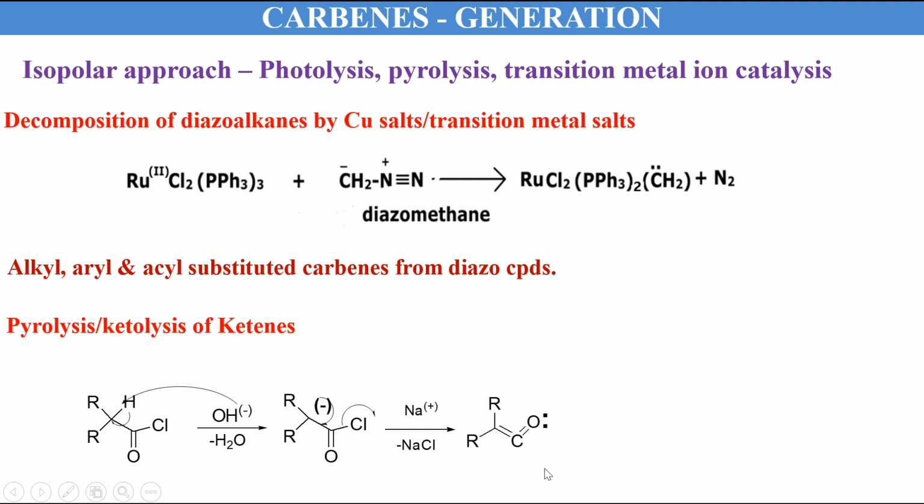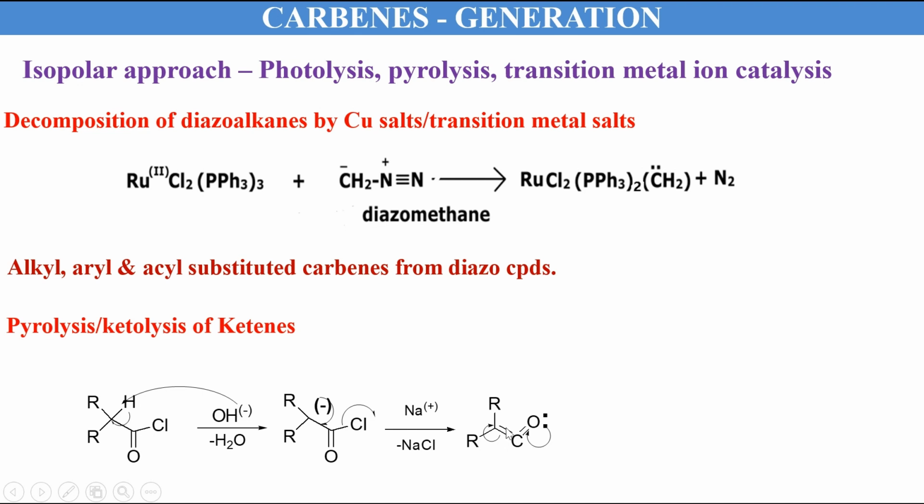If I heat this ketene, the lone pair of electrons on this oxygen forms a bond with the adjacent carbon. The carbon has to maintain its tetravalency, so the pi electrons move on to the next carbon, giving rise to a carbanion. It is unstable, and it has already formed one bond over here. It has become C triple bond O, and as it is flanked with oxygen, an electronegative atom, this carbon is positive.